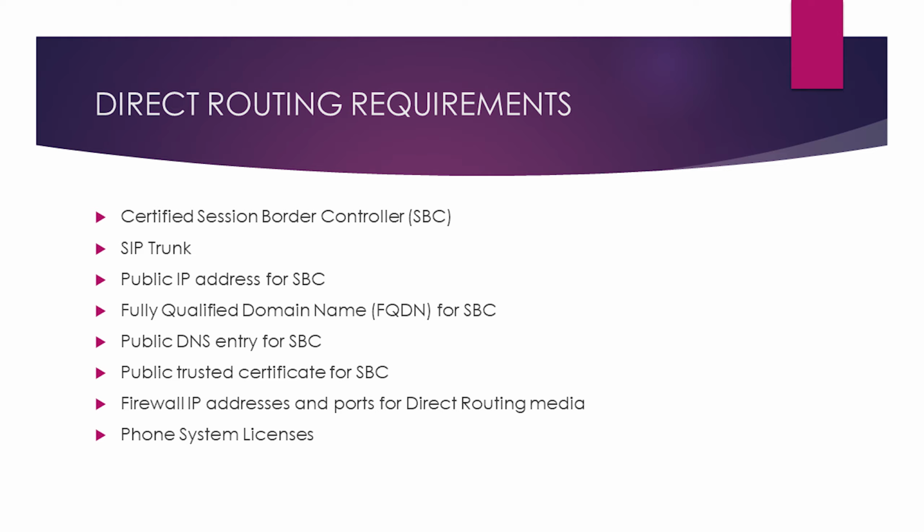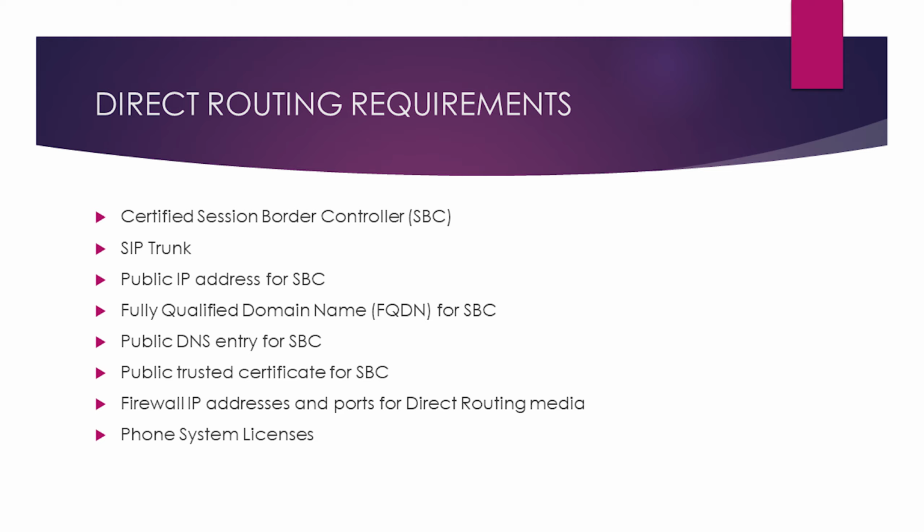Aside from that, you will obviously need your SIP trunk in order to bring your PSTN connectivity into your telephony environment. Now the rest of these are fairly complicated by the looks of things, but actually quite simple. Basically, your SBC has to be available to the world. So the Microsoft servers have to be able to see your SBC as well as your users.